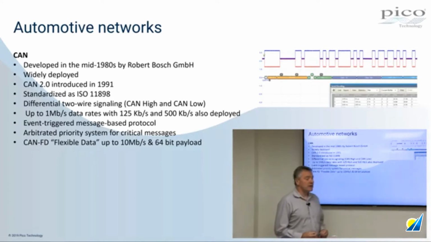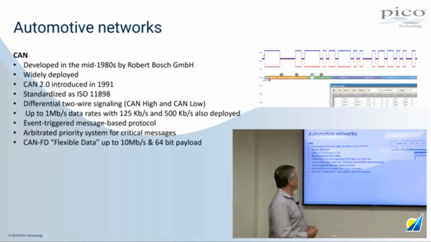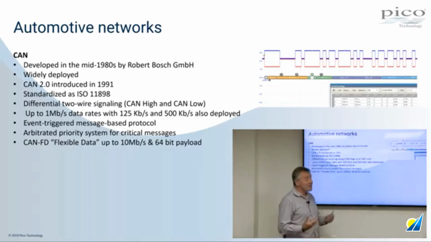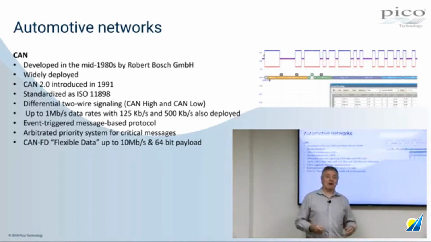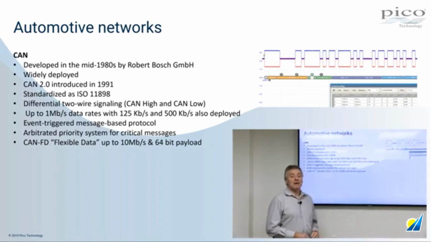Most vehicles on the roads these days have some form of CAN-based networking in them, standardized by the ISO organization. And CAN is a 2-wire system. It's a differential bus. It has a CAN high and a CAN low signal. So CAN bus is immune in the presence of interference, which makes it a robust network for a wide variety of applications.